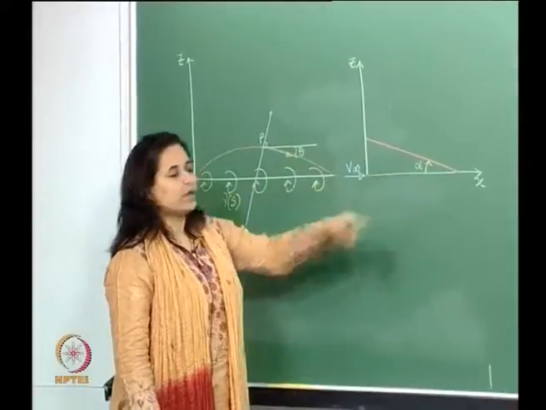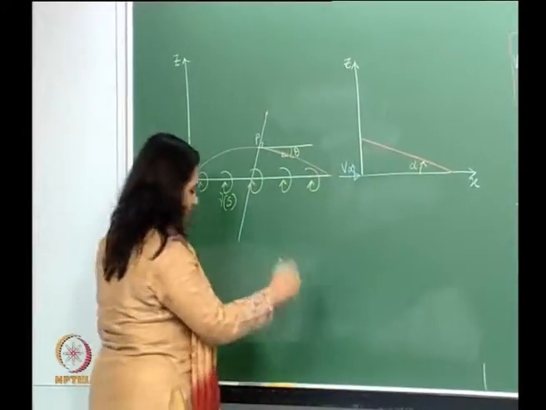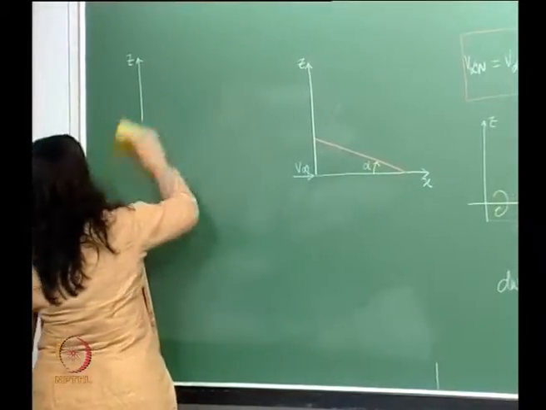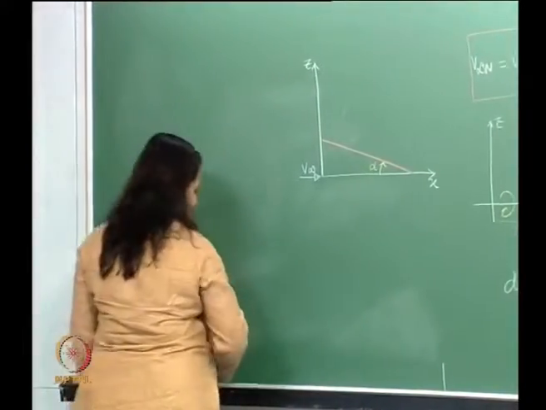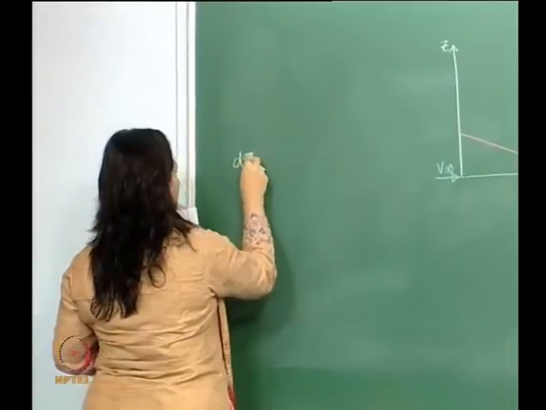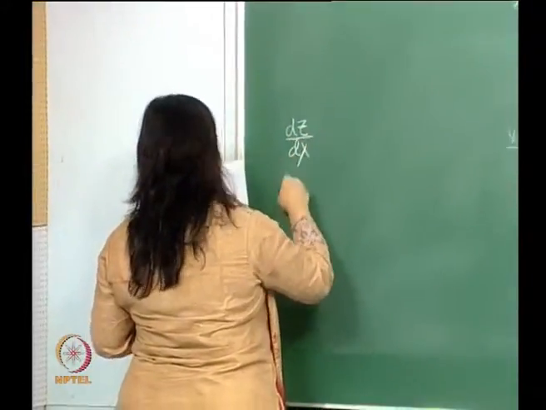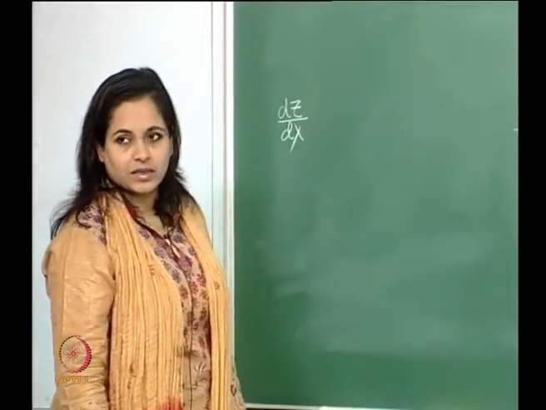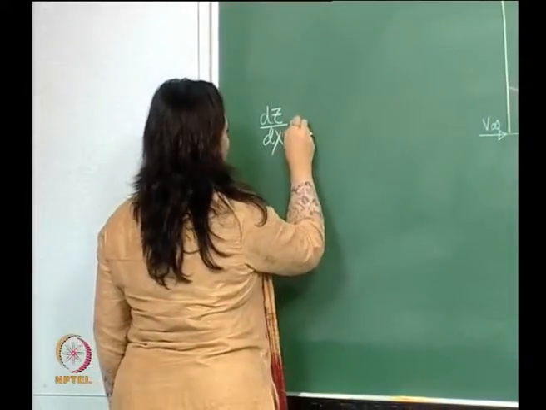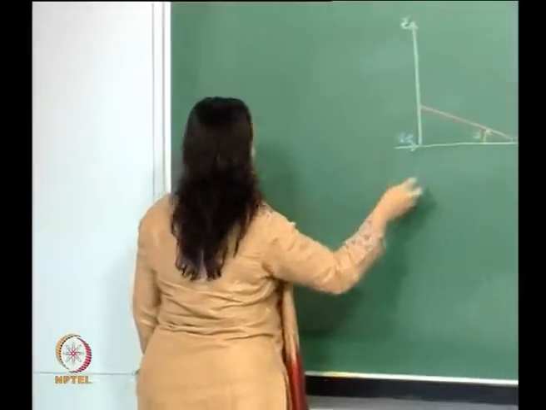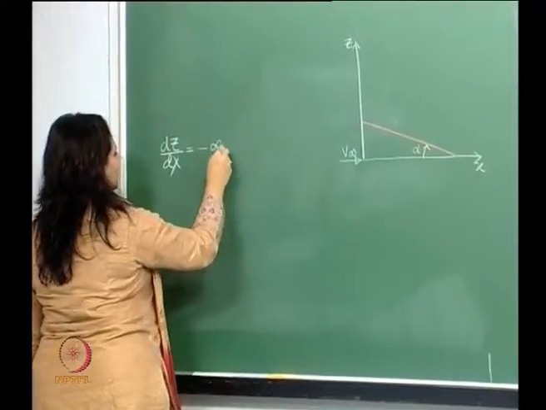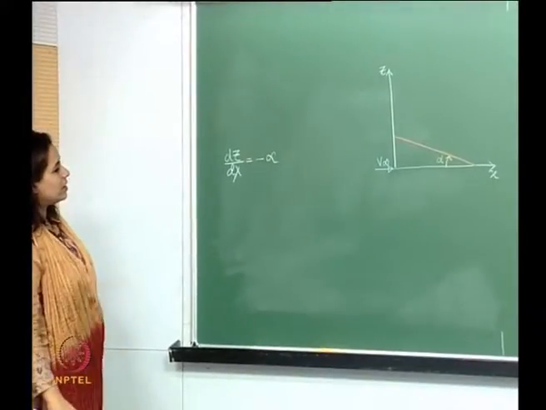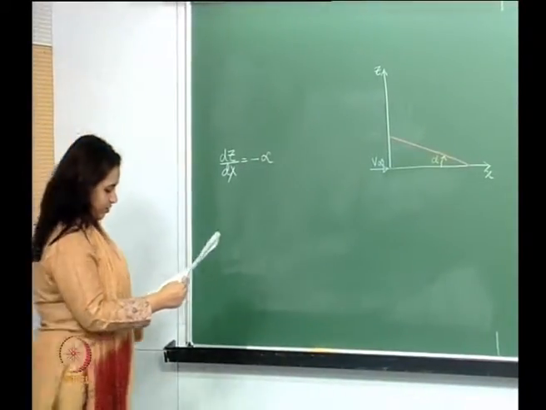This is my streamline, and again this is 0 to C. The chord length is 0 to C. Therefore, if you look at this over here, dz dx is equal to what? This is the slope, which is minus alpha, isn't it? So this is dz dx over here.